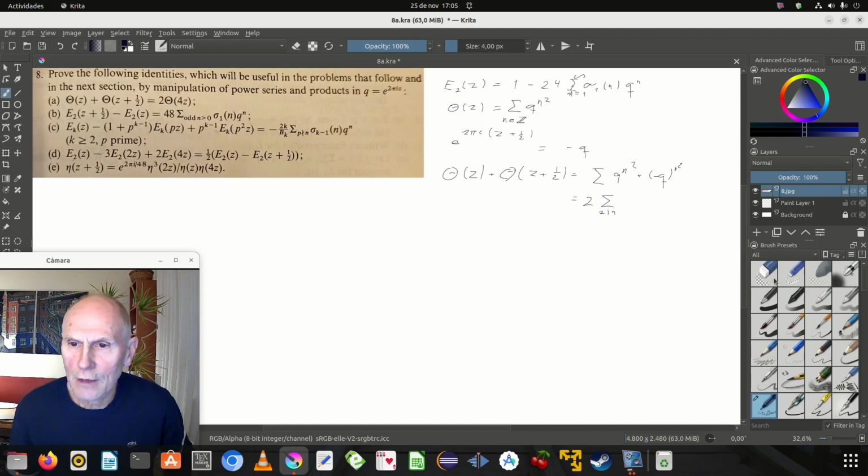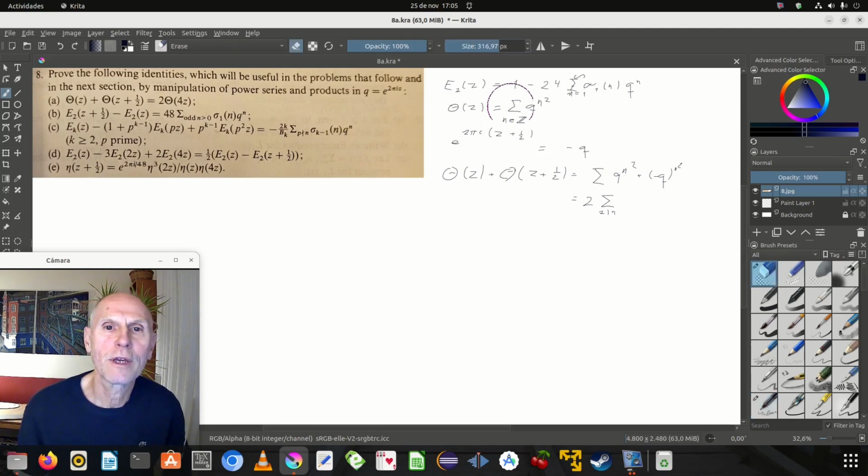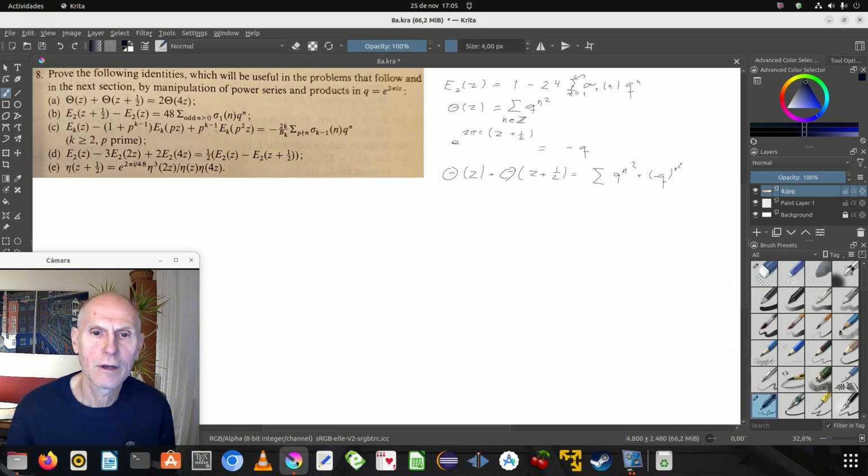We should do that out to the left, then I'll be able to do it in one line, I think. Let's do it here. And then we write n as 2m.